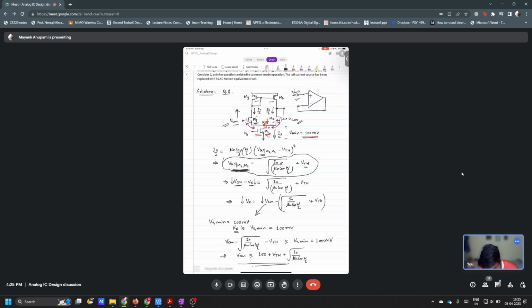When you keep increasing VCM, this guy is fixed, right? This voltage will be fixed always because it is being fixed by the current that is flowing here, which is the voltage across M3, isn't it?